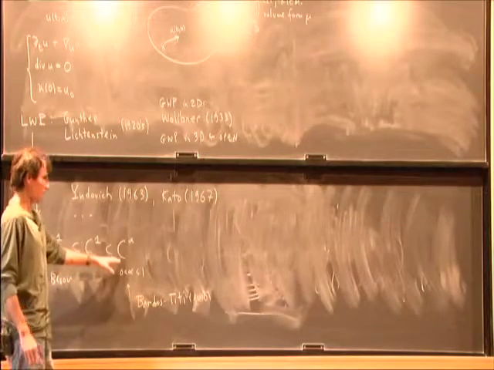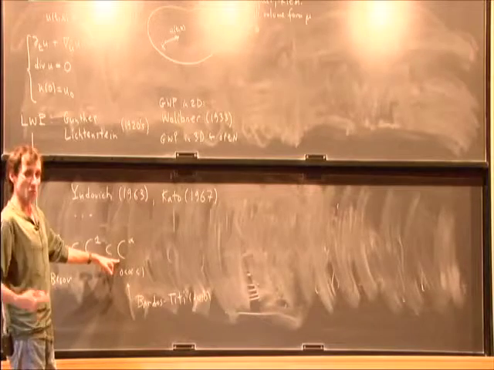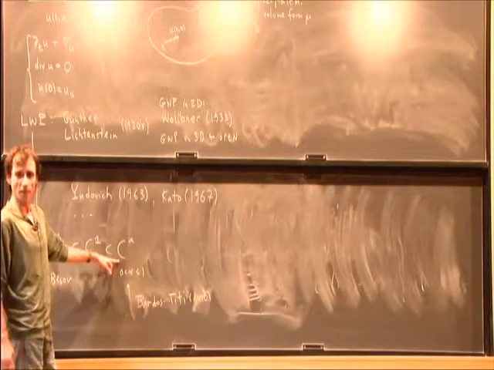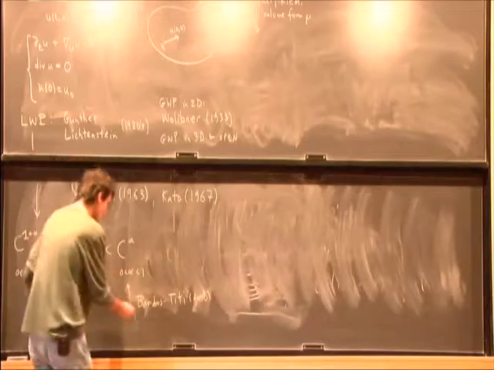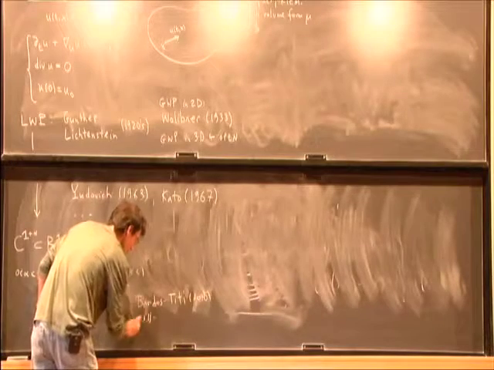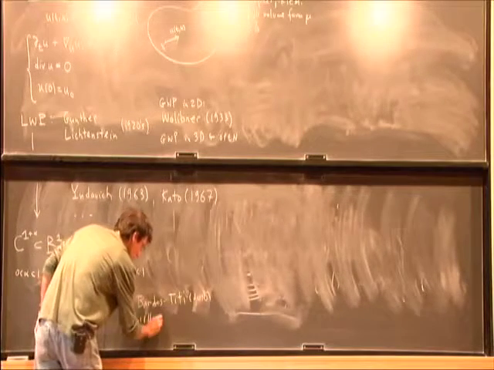So in particular, the solution will not remain in the space C alpha. So this is an ill-posedness, local ill-posedness result.